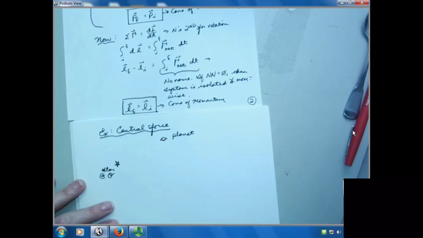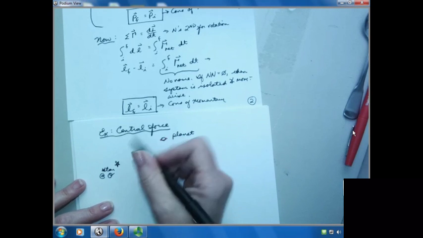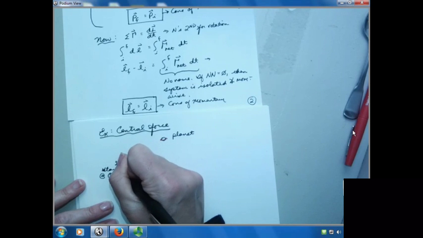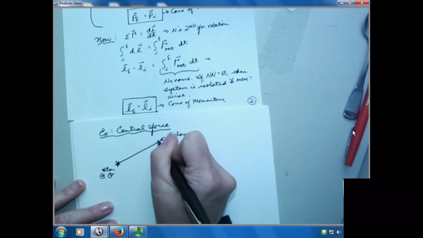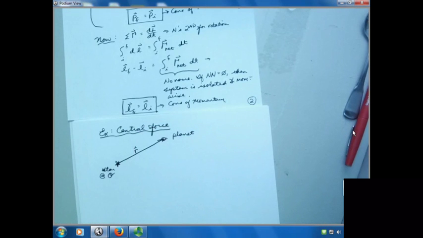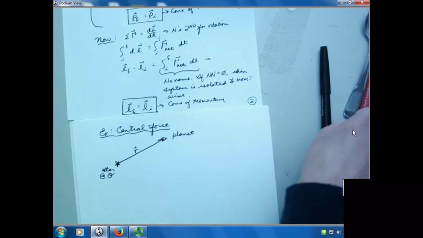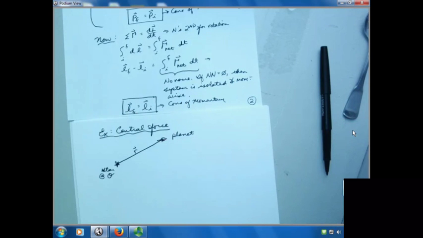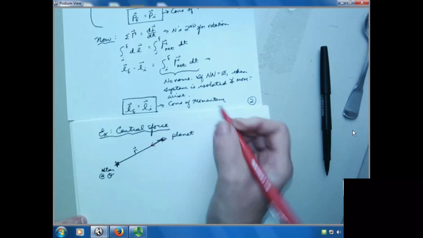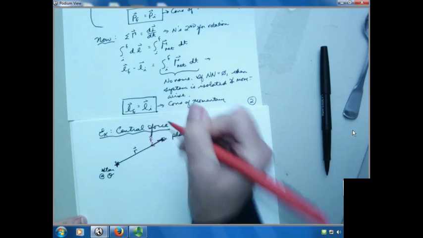Now, let's say that I want to think about the torque from the star on the planet. Well, the planet is located at the location R relative to the origin, and the force that is being applied to that planet is a gravitational attraction, a pure attraction. So there's the force.